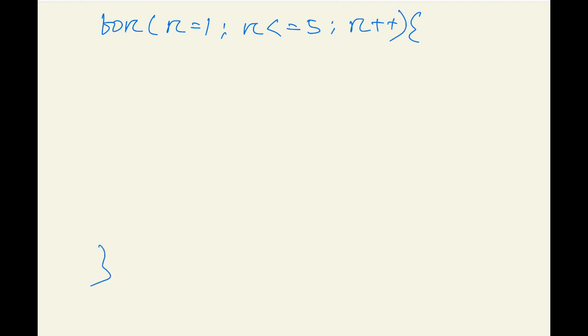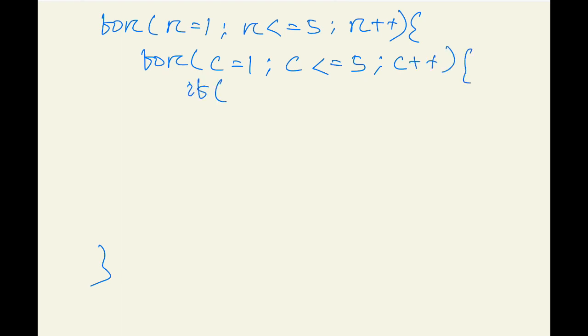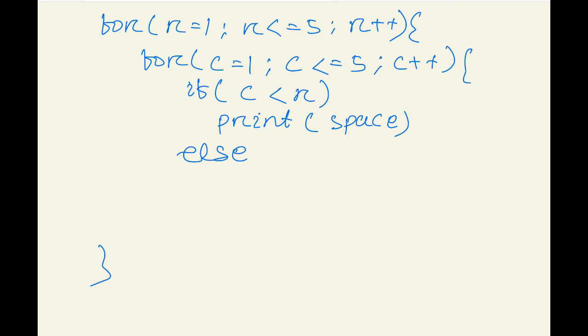Okay, now we want to print star or space. So for that we need to use another loop. So for c equal to 1, c less than equal to 5, c plus plus, if c less than r, then print space, else print star.